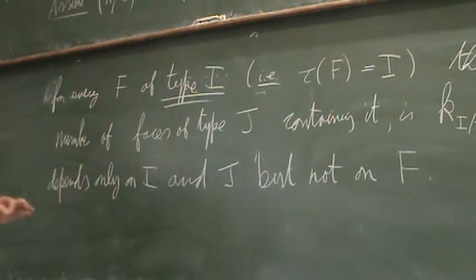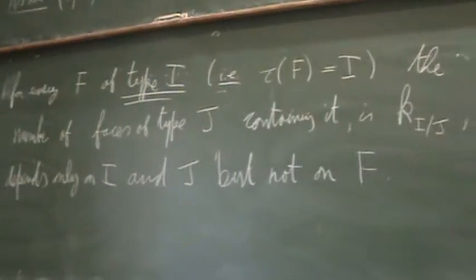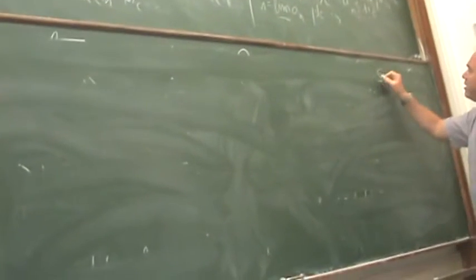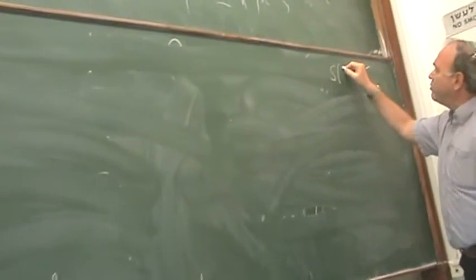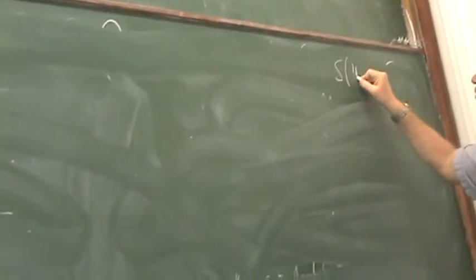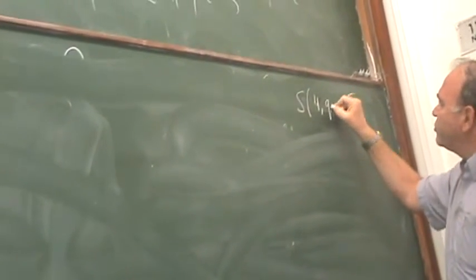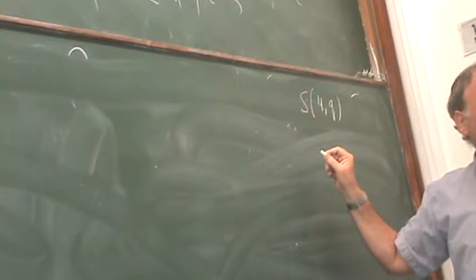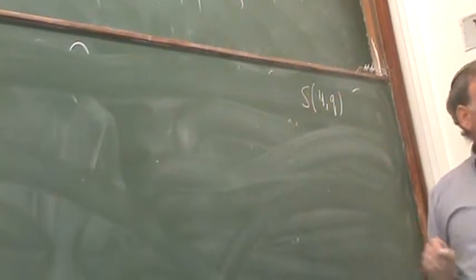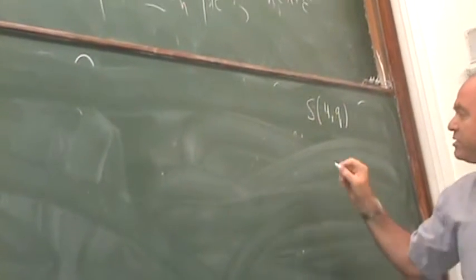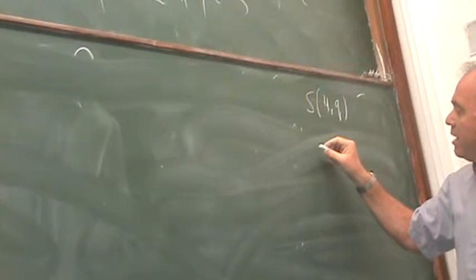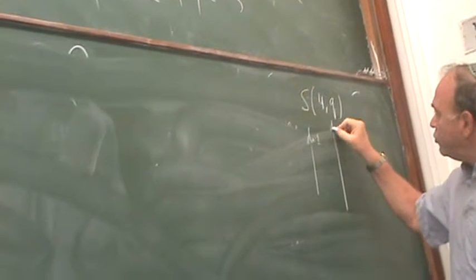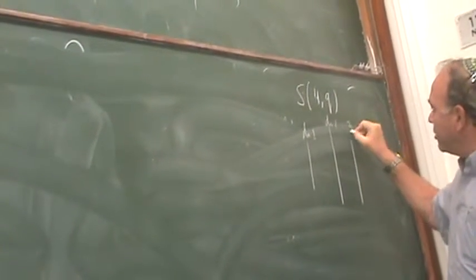Let me just recall, I started with this, but then we went to other things. If you look at the flag complex, the spherical one, I think, of dimension 4, I think this is the first time that you start to see it, then you see what are the edges here. Or even what are the vertices here. You see, the vertices here are those of dimension 1, those of dimension 2, and those of dimension 3.